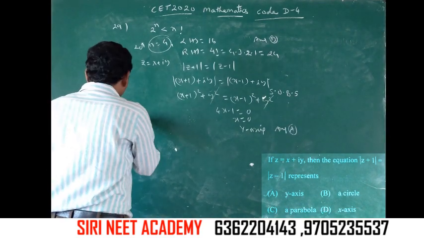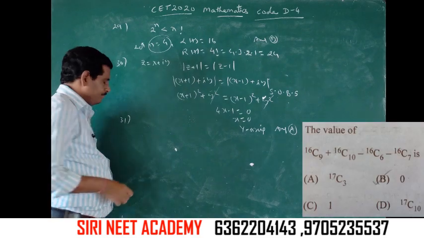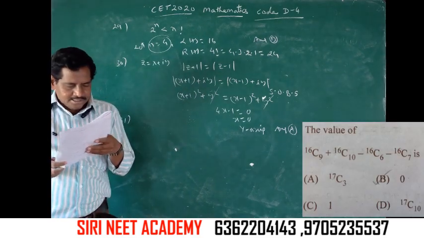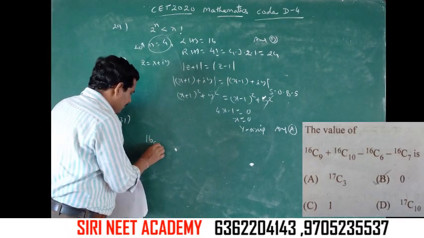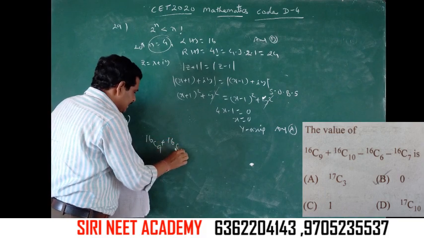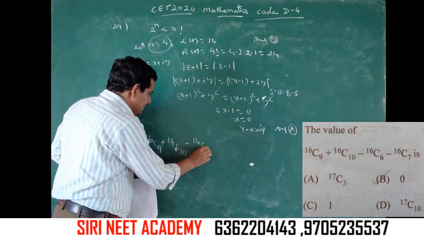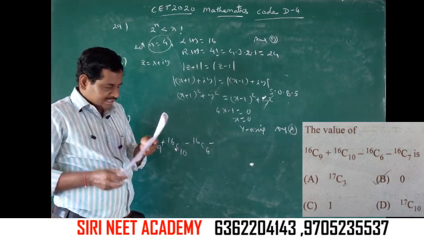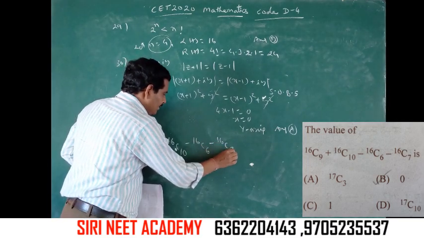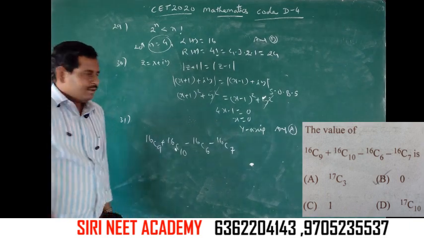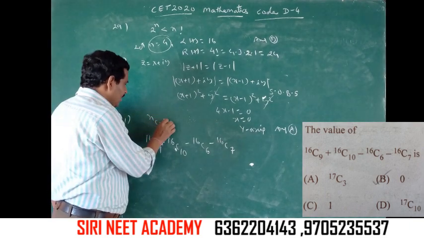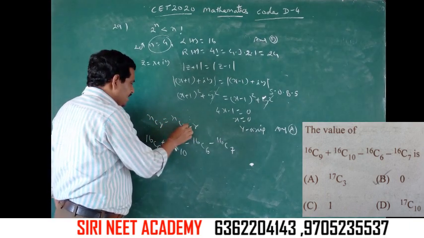Now question number 31. 16c9 plus 16c10 minus 16c6 minus 16c7. This is a simple question. We know that nCr is equal to nC(n minus r).